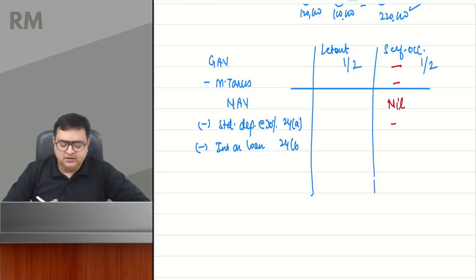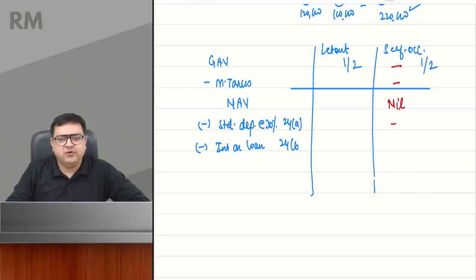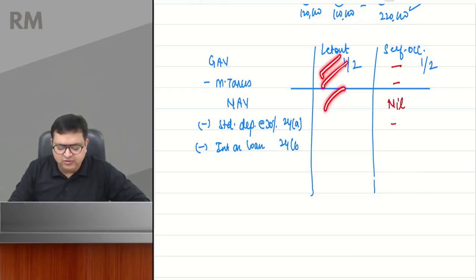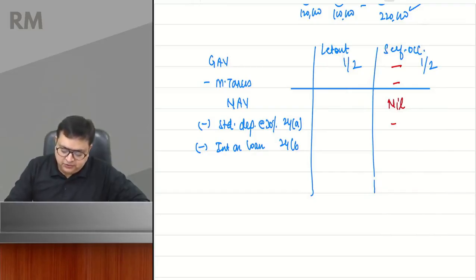24B, guys, if I would have been following default regime, I will not take 24B also. Because in default, interest on borrowing on self-occupied property is not allowed. For let out, it is okay. For let out, there is no problem between optional and default. But for self-occupied, there is a little change. So in default, we don't get this deduction.